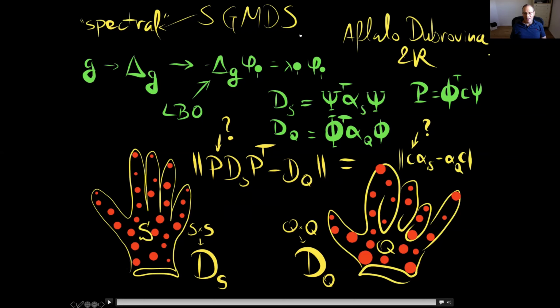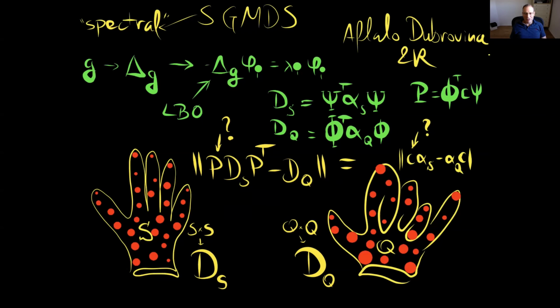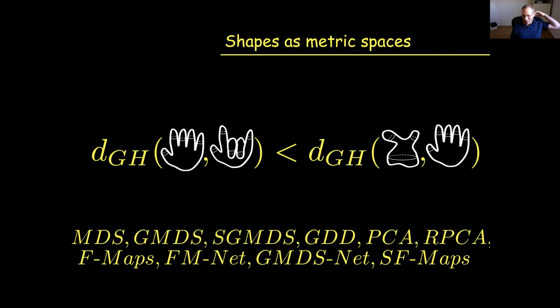Again, this is almost 7 years since we played with that. So we used multidimensional scaling, generalized with the Bronstein, spectral, geodesic distance descriptors, PCA, regular PCA, and various other ways that we threw on this problem.